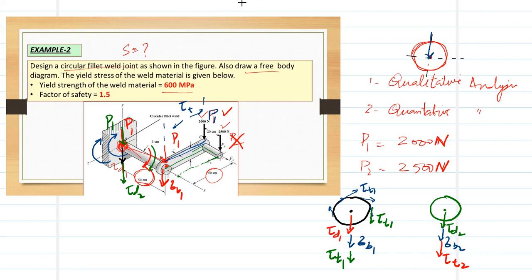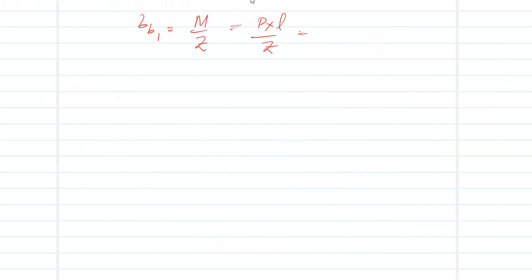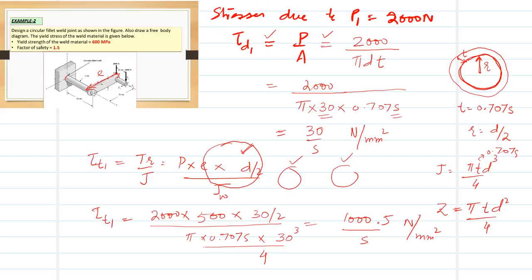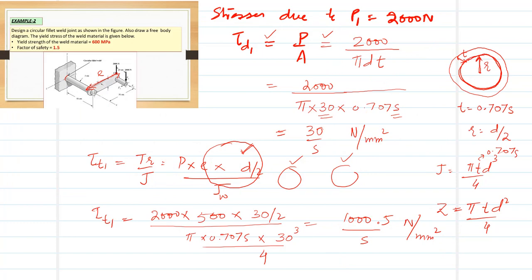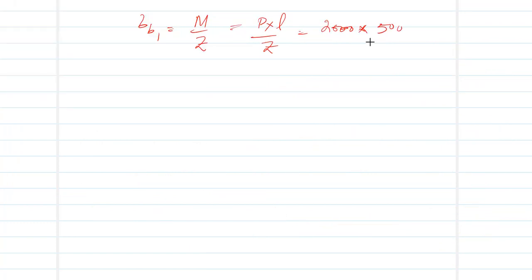The load is translated here as 2000. So this is 2000 into 500 divided by Z, which is pi t d square over 4, pi into 0.707 s into d, which is 30 square divided by 4.